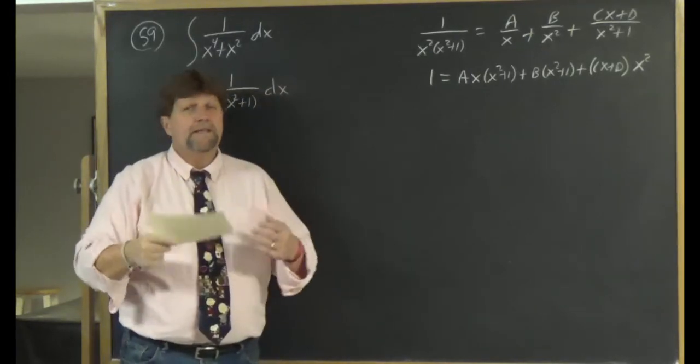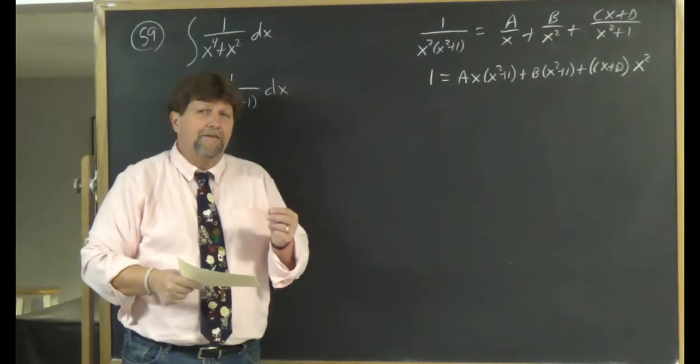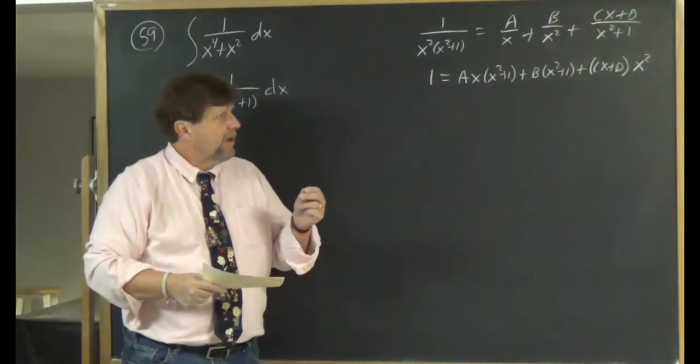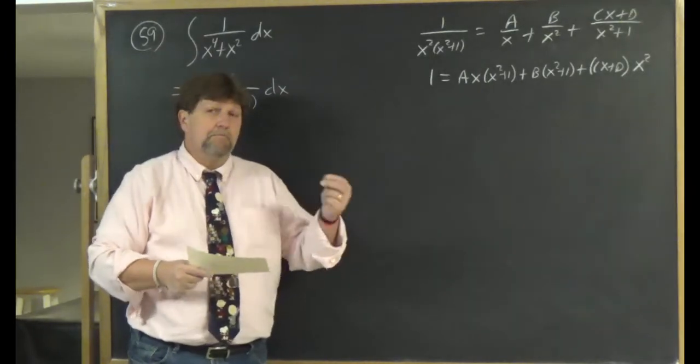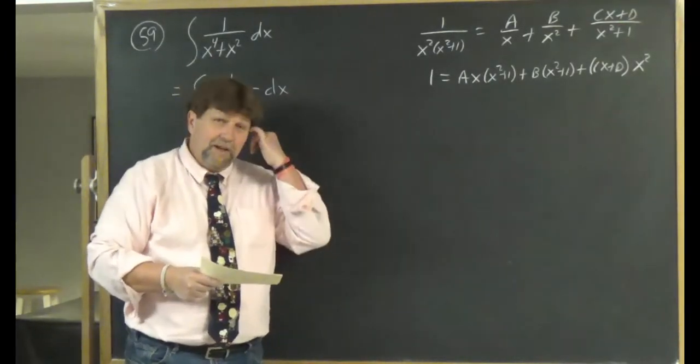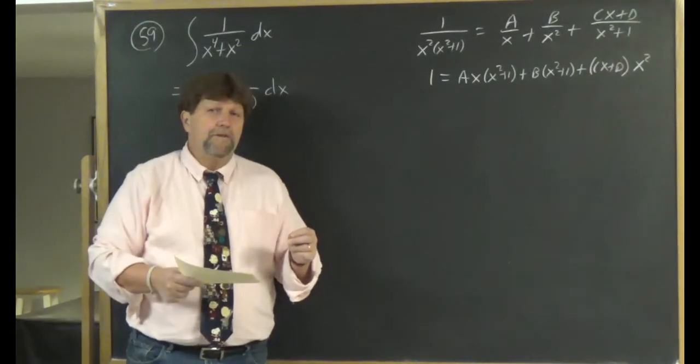And right now is when I'd say I don't want to go any further with partial fractions because I only have one convenient value of x. X equals 0. That's the only convenient value. X equals 0 would tell me that B is 1. But I still have to get A, C, and D. There are no more convenient values for x.